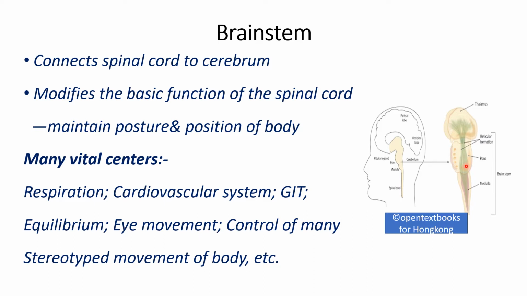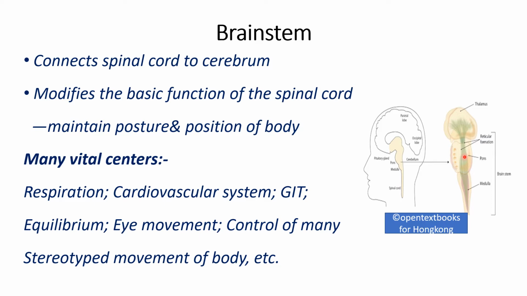We can say that the brainstem is the extension of the spinal cord into the cranial cavity, because it contains the motor and sensory nuclei that perform the motor and sensory functions of the face and head regions, just like the anterior and posterior gray horns of the spinal cord.